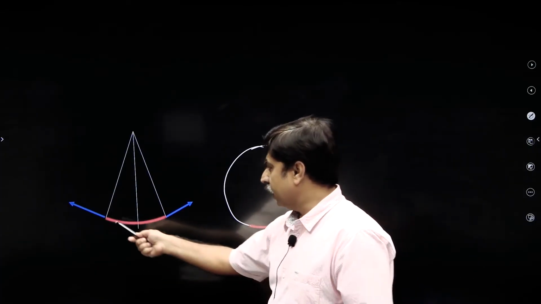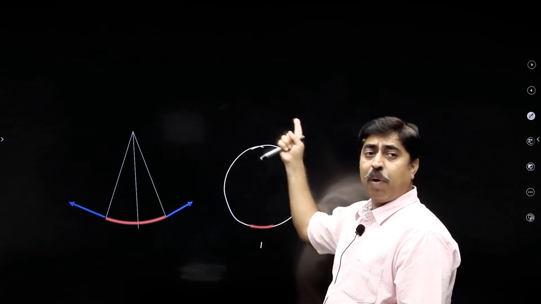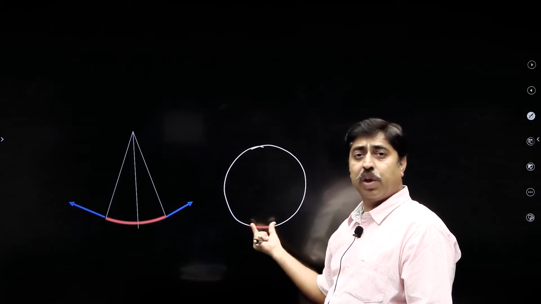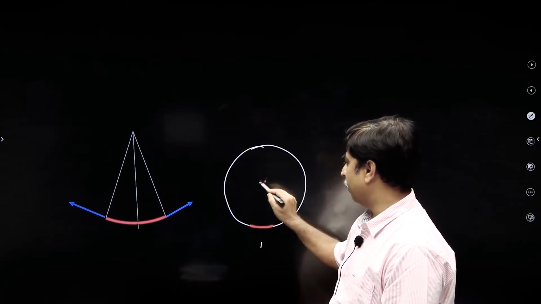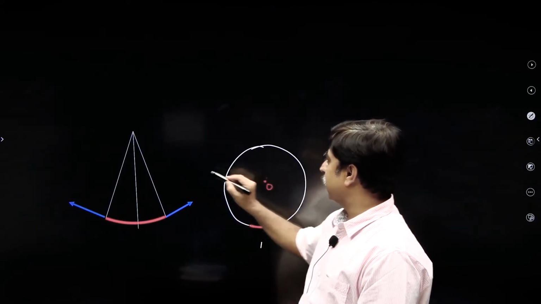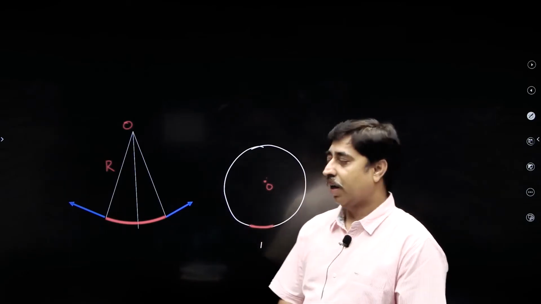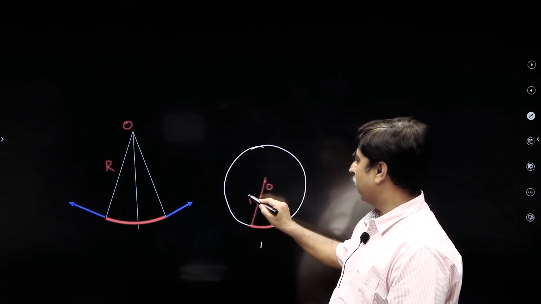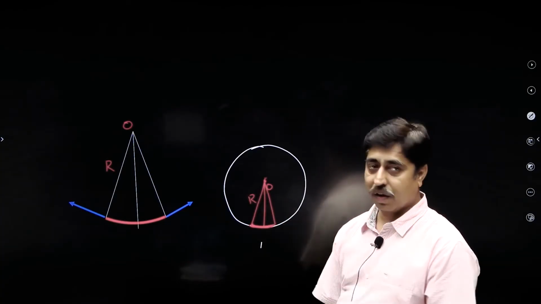So, this red colored segment of the rope, let us imagine, is made up of a small section of this white colored circle. The center of this circle is this point, this is the radius of the circle, and this is what is known as the radius of curvature of this curve at this particular point.